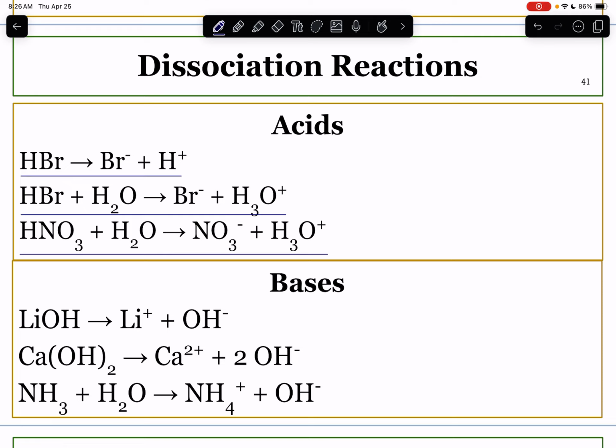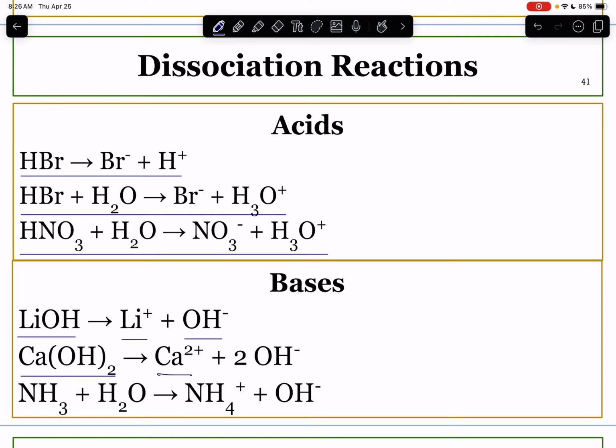When you have to write a dissociation reaction for bases, we're going to leave the water molecule out when you have a base made with hydroxide. So you just take lithium hydroxide, a strong base, and you turn it into lithium ion and OH minus. You just break it apart, dissociate it. Remember that if you have a base that is made with a cation with a 2+ charge, like calcium, the chemical formula is Ca(OH) with a 2 on the outside of the parentheses.